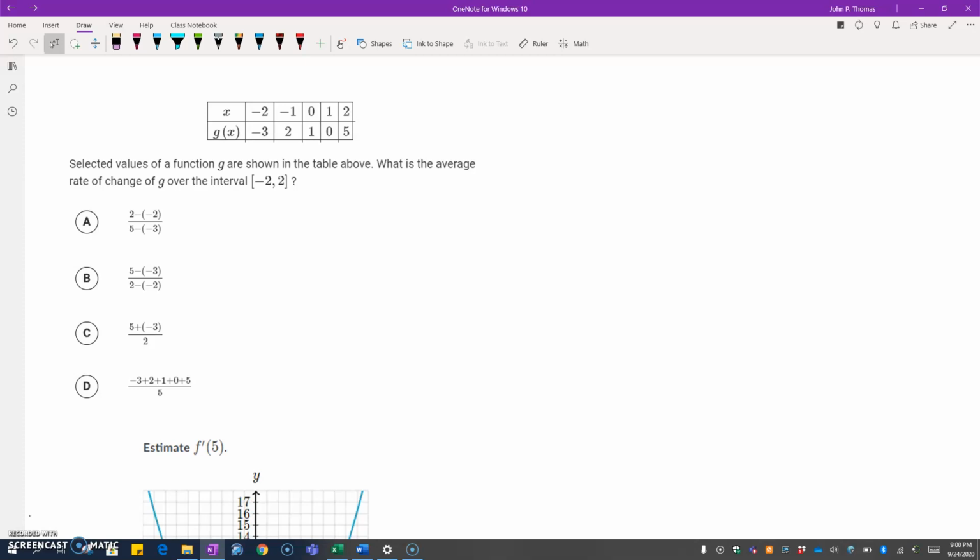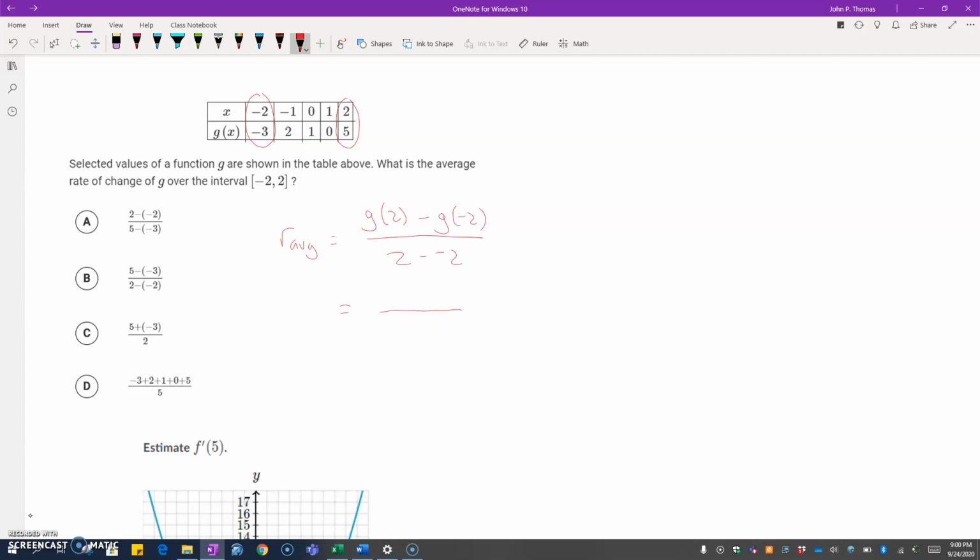All right, moving on to the next one. We've got selected values of a function g shown in the table above. What is the average rate of change of g over the interval -2 to 2? So I'm looking from the input of -2 to the input of 2. We want the average rate, so we're going to take g of 2 minus g of -2 over 2 minus -2.